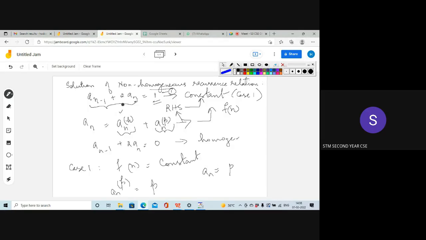If and when we put an is equal to p, if the rule fails, that is, if suppose you get 0 equals 1, then try an is equal to np. And if again the rule fails, you put an is equal to n square p, and so on. Most cases this will evaluate to true only. So you will get the value of p from here, and you can substitute it in this equation. So this is the first case.